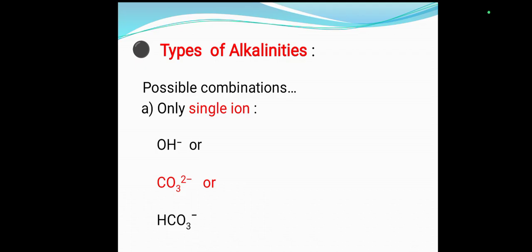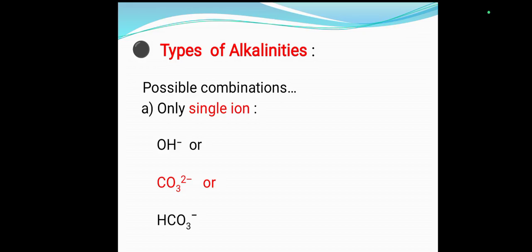What kind of alkalinity combinations are possible in a water sample? First, only a single type of ion may be present: a sample having only OH minus, a second sample having only carbonate, or a third sample having only bicarbonate.